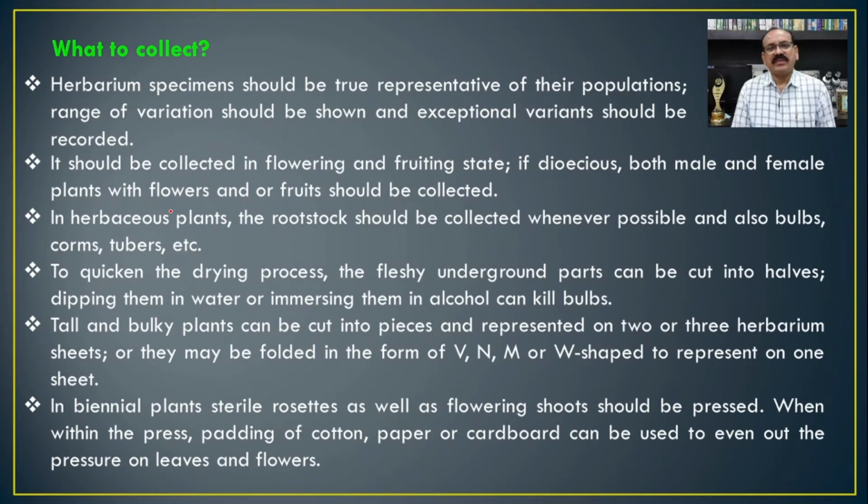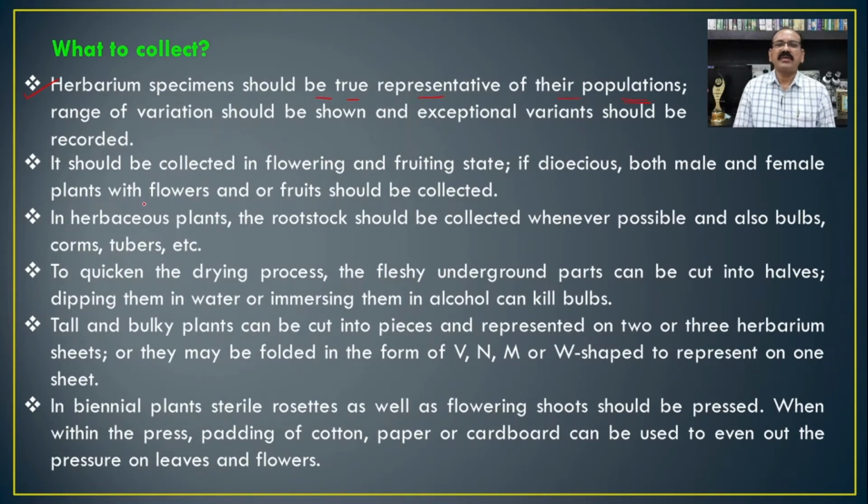So first of all, what to collect when we are present in the field? Here I am trying to provide almost theory also in many places so that the students of PG and UG can use such theory in their examinations also. The herbarium specimens should be true representatives of their populations.